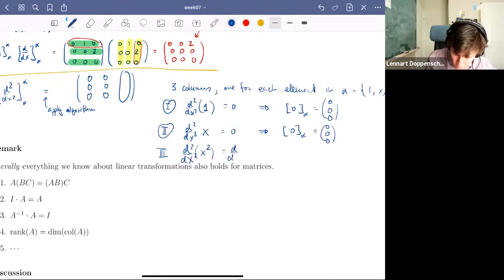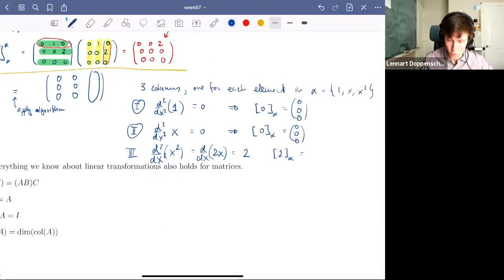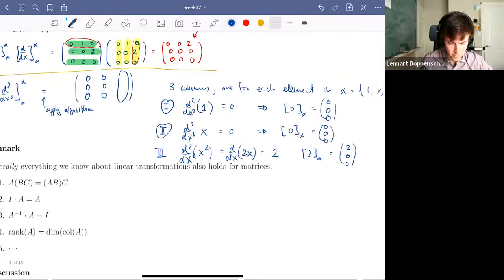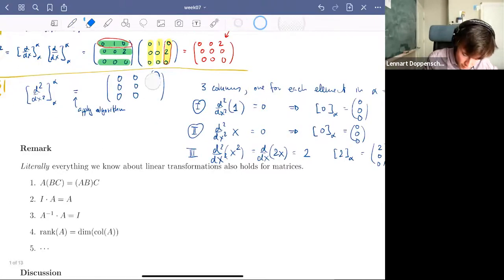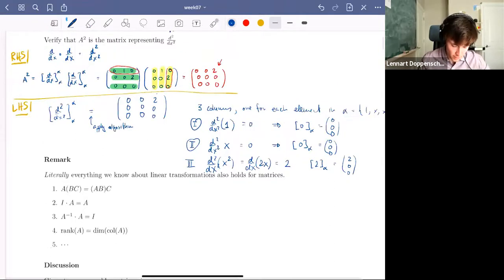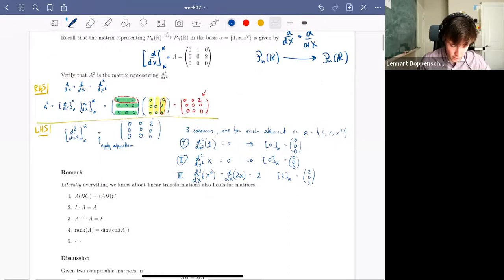And then again, we get just 2. And in the basis alpha, which is just basis polynomials, this corresponds to the tuple 2, 0, 0. So this is our last column in this matrix. So we get, in fact, 0, 2, 0, 0. And then we verify that indeed the left and the right-hand side actually agree.